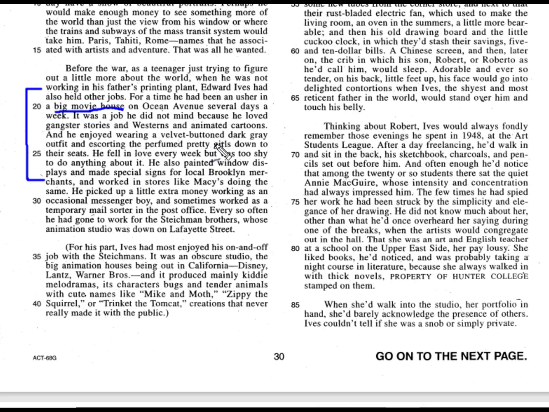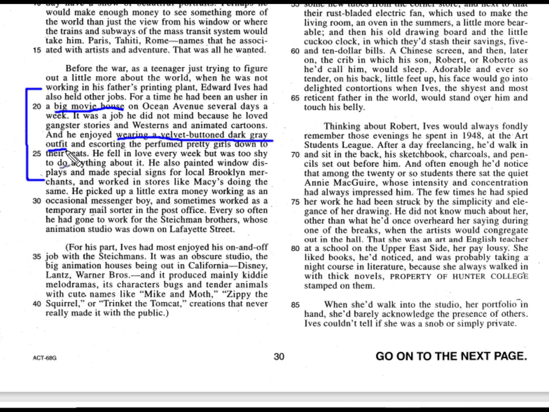Velvet outfit, seats, love to wear, painted elbows, working. So there it is right there, and it's not green, it's gray actually from the question. It says he enjoyed wearing a gray outfit. So answer choice A is in there. We found it, and we're looking for the one that's the exception, so that would make answer choice A out.